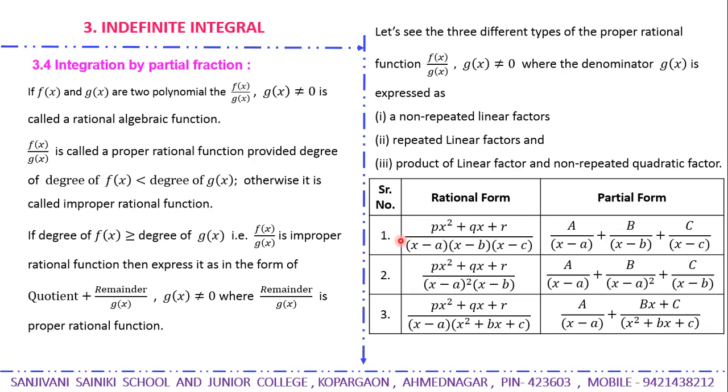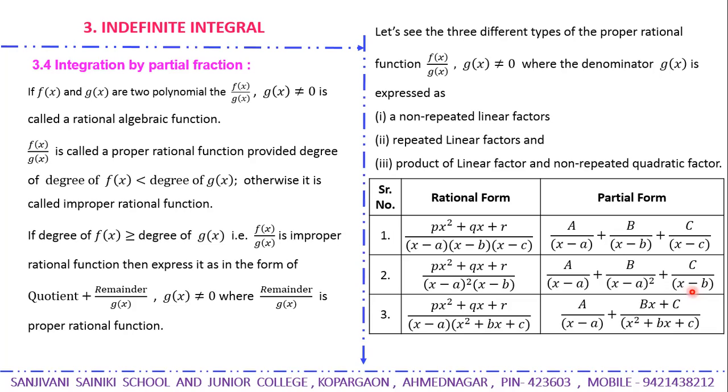So we will express this rational form like this. In the second case, the denominator contains linear repeated factors. So in that case, what do we have to do? A upon one factor plus b upon two factors, x minus a bracket square plus c upon x minus b.